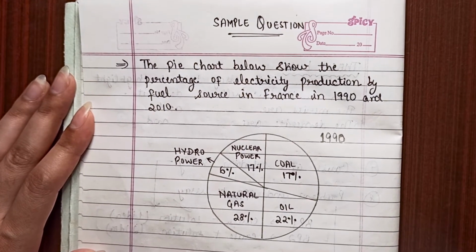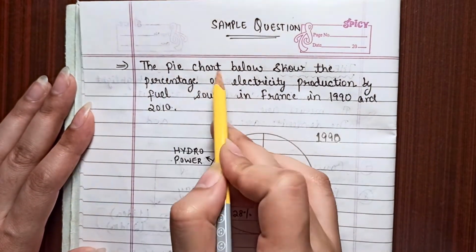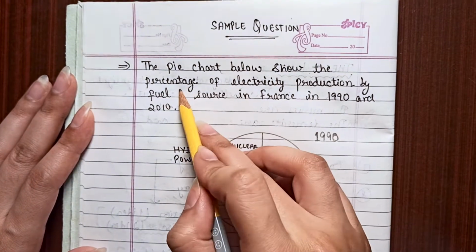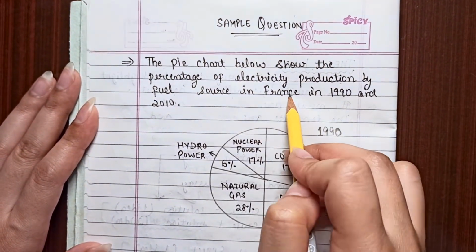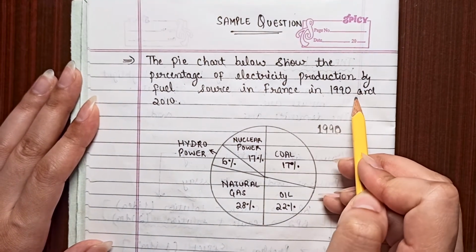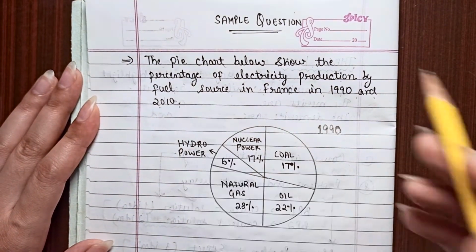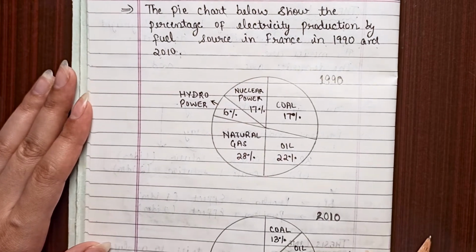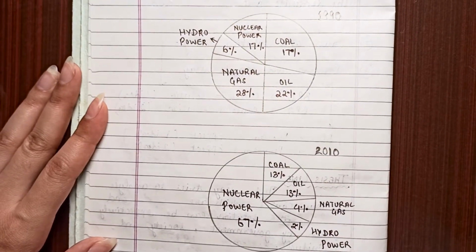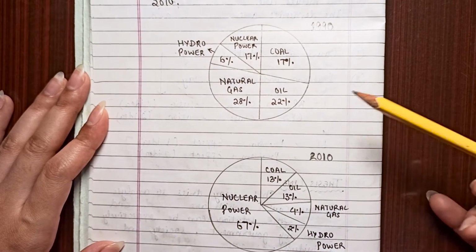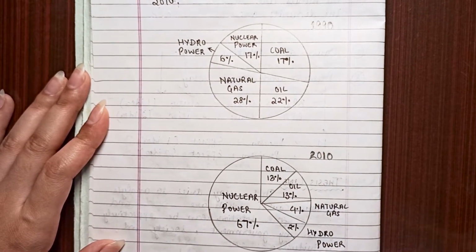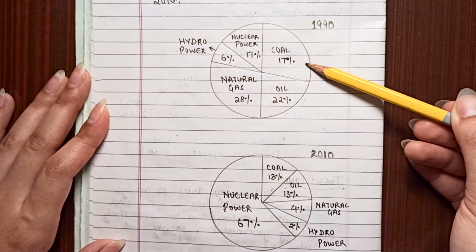So here's the statement given. The pie chart below shows the percentage of electricity production by fuel source in France in 1990 and 2010. Here comes the pie chart given. You can see here the data has changed over the time. Here the coal was 17%.